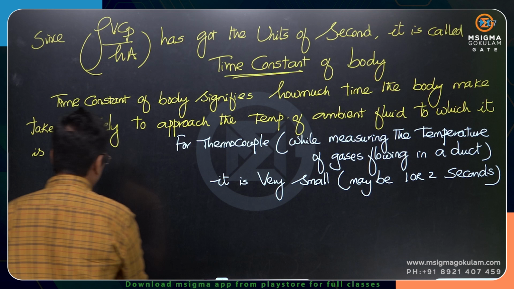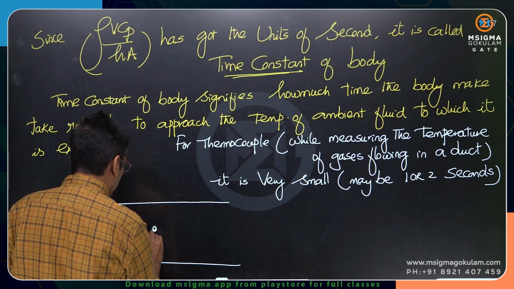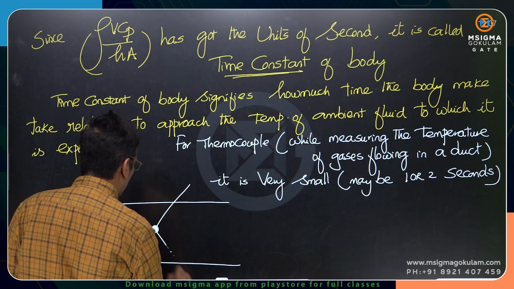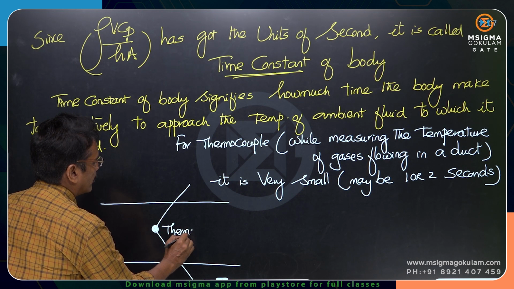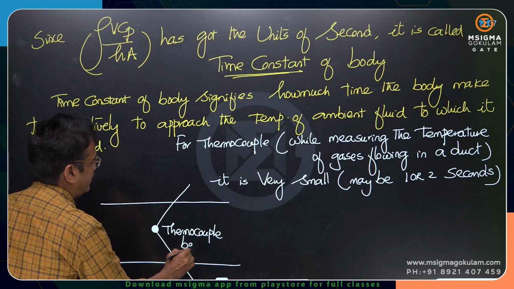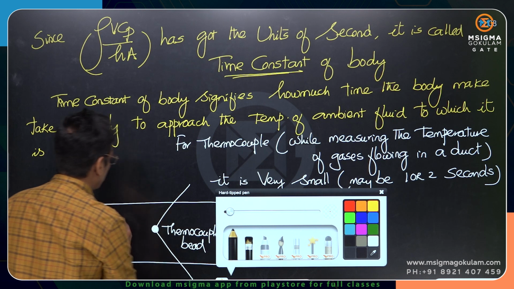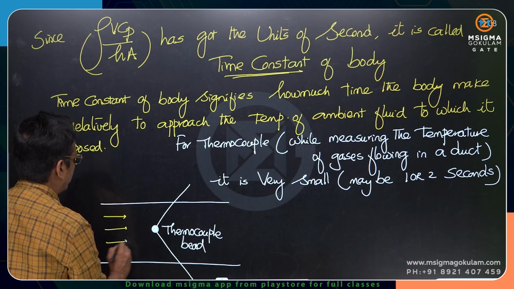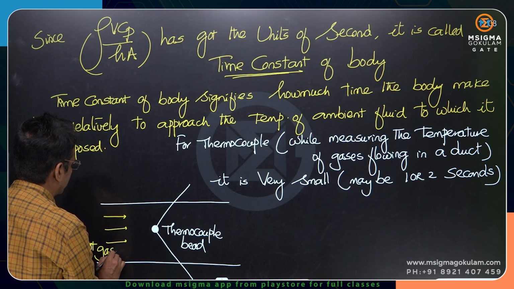Thermocouple is a tiny bead, a small bead. This is a thermocouple bead. I am just giving the example of this time constant. Thermocouple bead usually measures the temperatures of the hot gases flowing in a duct. It can measure up to 1000 degrees Celsius also.